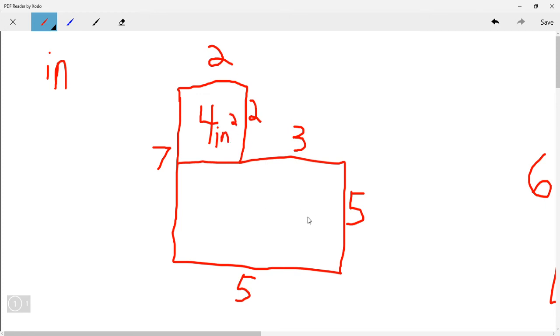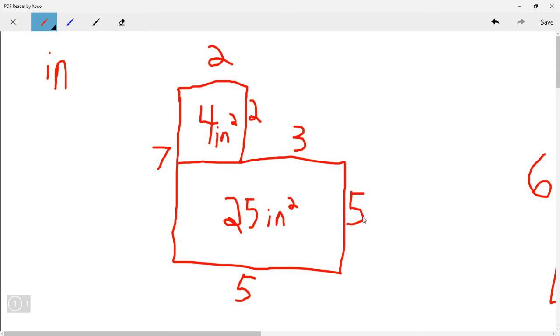And then this rectangle right here would be 5, okay, by 5, which would be 25 inches squared, right? This 7 doesn't work because it's for the length of this whole line that goes through both rectangles. And this 3 doesn't work because that's only part of the length of this rectangle, right?